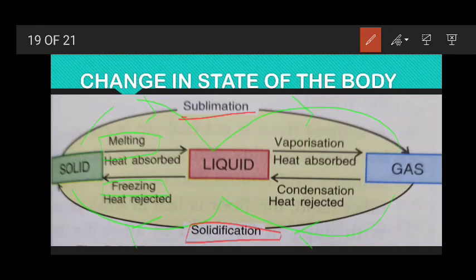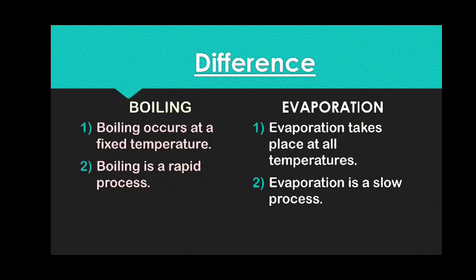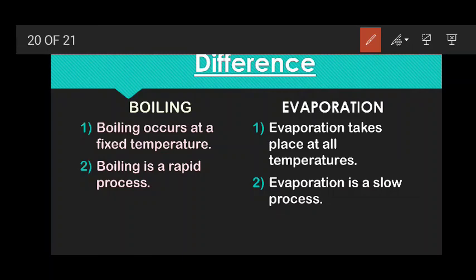And now I'm going to discuss the difference between evaporation and boiling, and this is very important. The first difference between boiling and evaporation is that boiling occurs at a fixed temperature, whereas evaporation takes place at all temperatures. Because when you keep water in a bowl in the open, what happens? It gets evaporated.